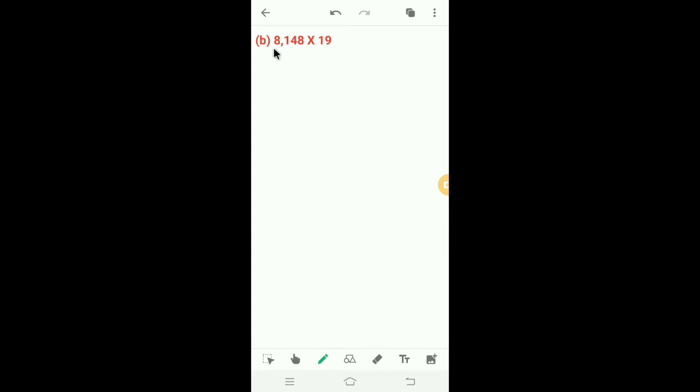Let's solve B1. Here we have to multiply 8148 by 19. First we should multiply 8148 by 9. 9 eights are 72.